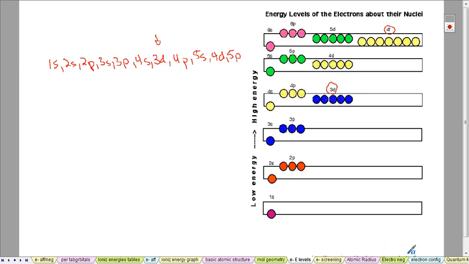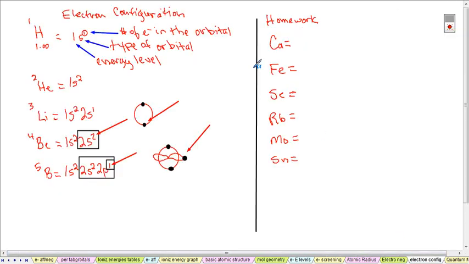So what I would like you to do for your homework is try out doing the electron configurations for these guys, and the answers will definitely be posted online, and I'll have a brief video going through all of these.